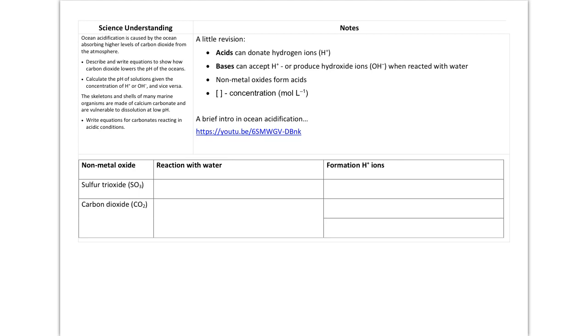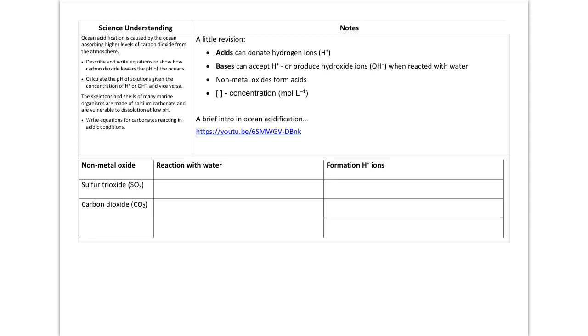Just by way of recap, for those of you who had me last year, we would have burnt sulphur, a non-metal, which burns with a really pretty blue flame. As it burns, it forms the sulphur oxides, both sulphur dioxide and sulphur trioxide, but we'll just focus on the sulphur trioxide. We would have then reacted that with water and used universal indicator to show that it forms an acid.